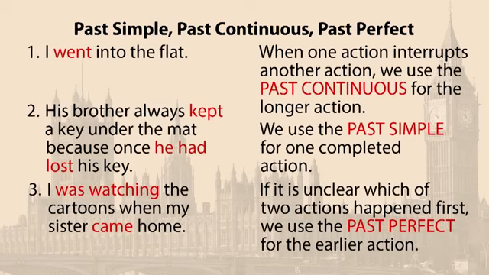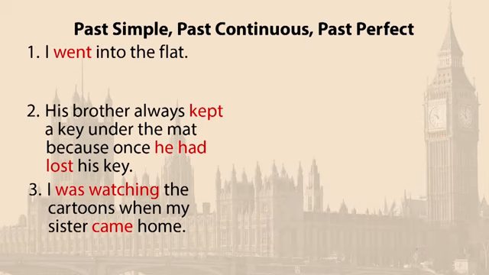Look at the sentences, then find the verbs and match each sentence with one of the rules. I went into the flat. His brother always kept a key under the mat, because once he had lost his key.